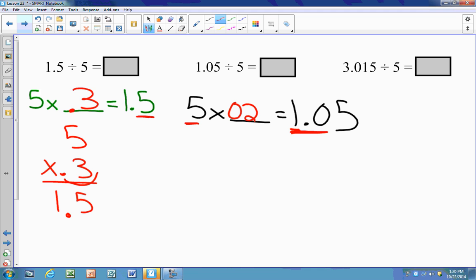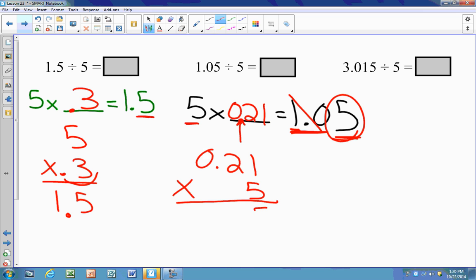So now I've used all of that up. And now I'm looking 5 times what equals 5, which is 1. This ends in the hundredths place, so if I put a decimal right there, that's the hundredths place. I once again can check my work by multiplying. Two jumps, and they match.